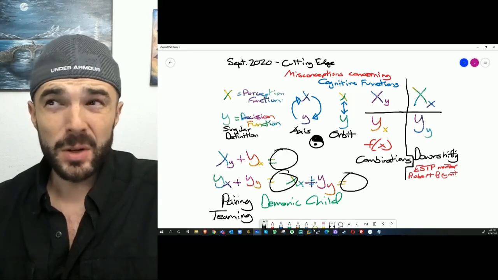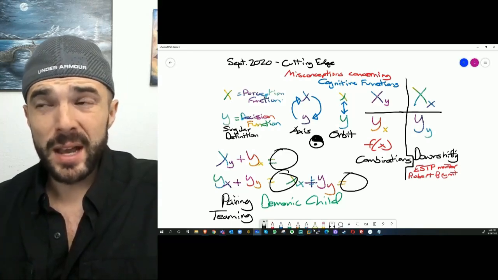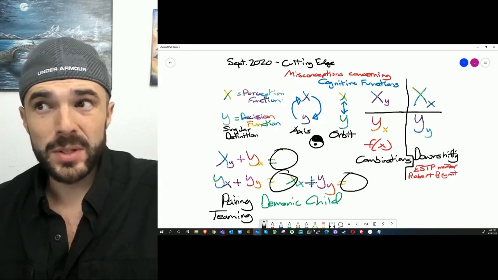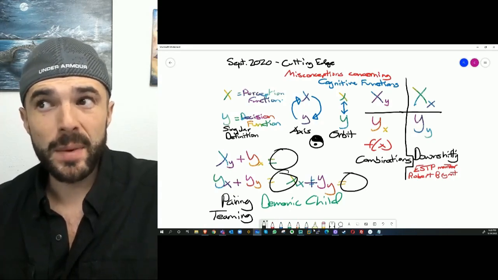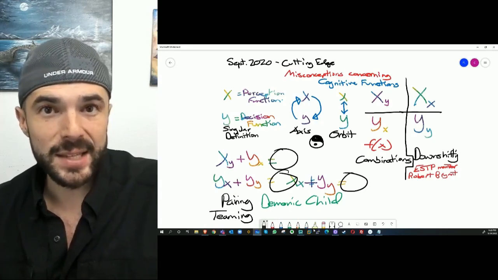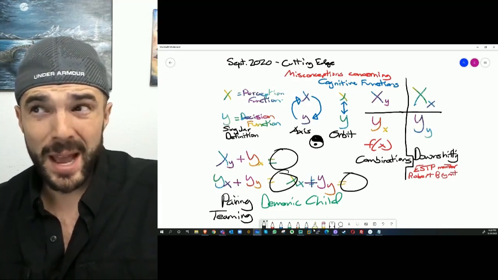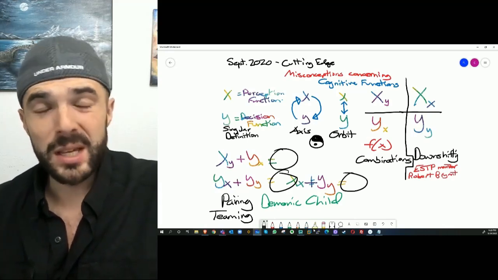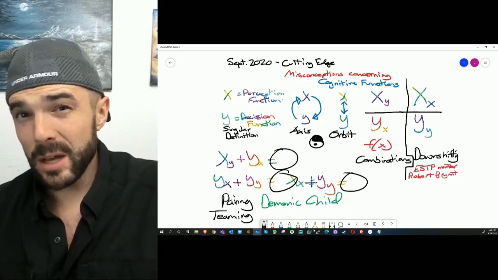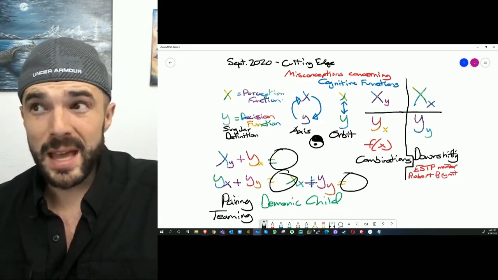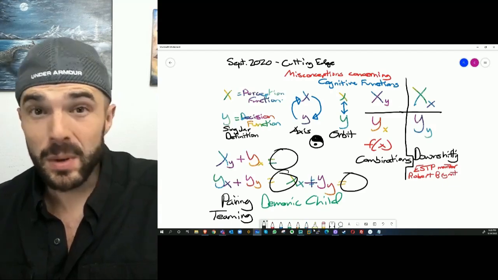I learned singular definition, and then I learned orbit from my mentors. Over time, I discovered axis, just kind of on my own. Even though axis actually originally comes from Dr. John Beebe, I come to find out later that I didn't even realize that was actually his original idea, but it really was.